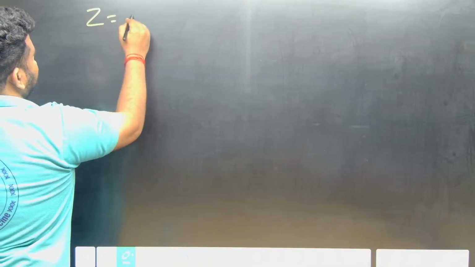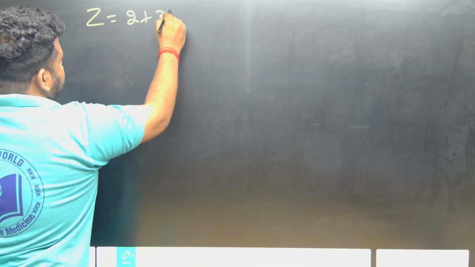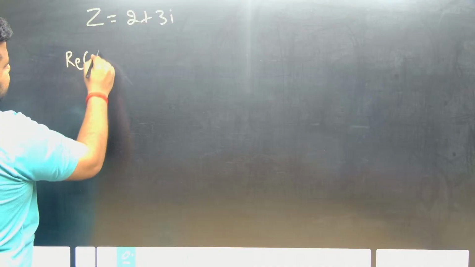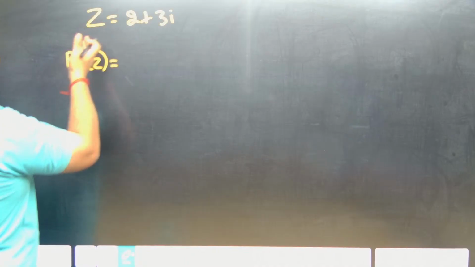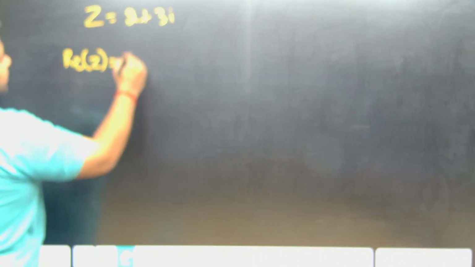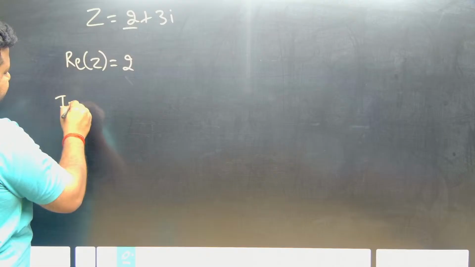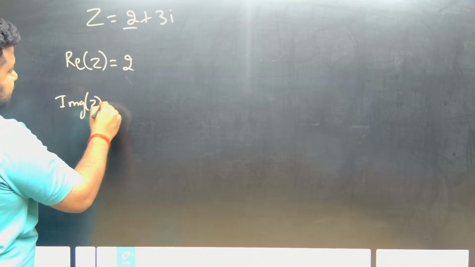Suppose I say z is equal to 2 plus 3i. I want the real of z, which means the real part of z. That is nothing but 2, since this is the real part. If I say imaginary part of z, I should not write 3i.